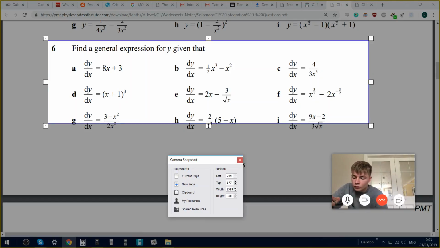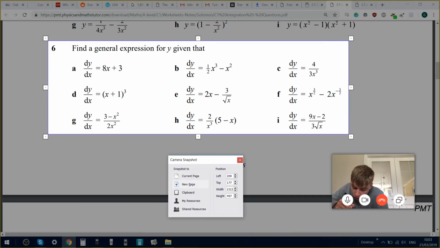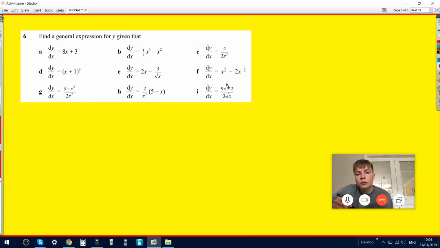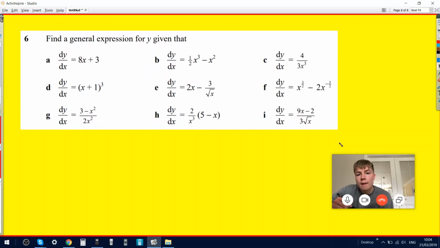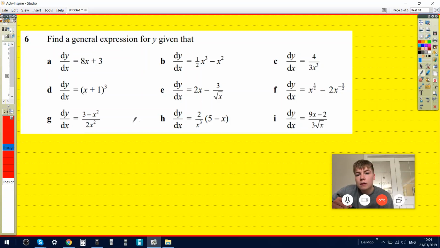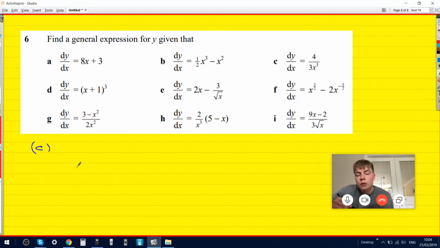So let's say part C for this one. Let's see. 4/3 x to the minus 3. Minus 3. How about E? 3x to the minus half.